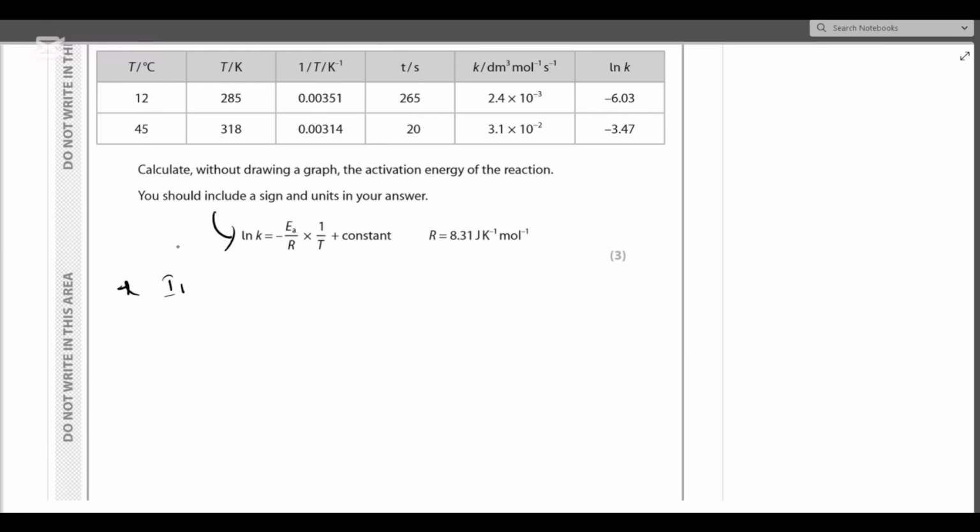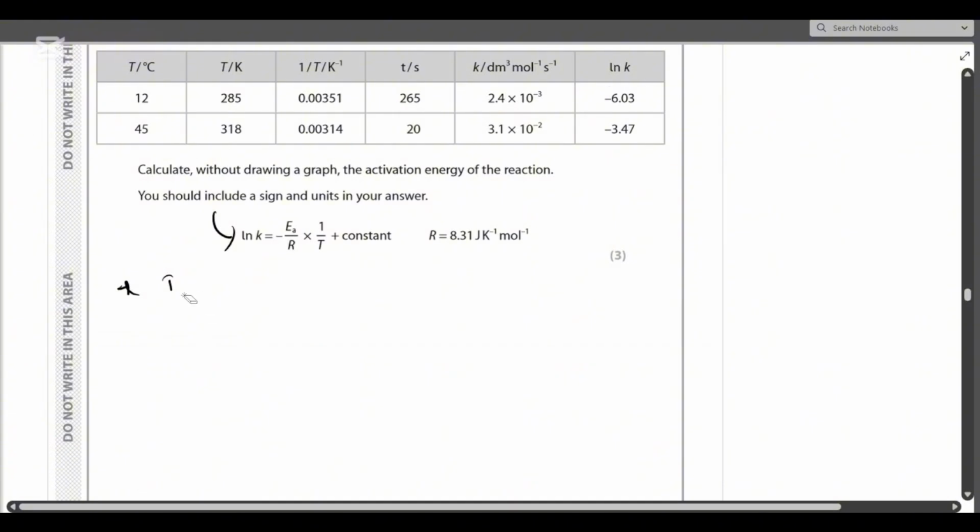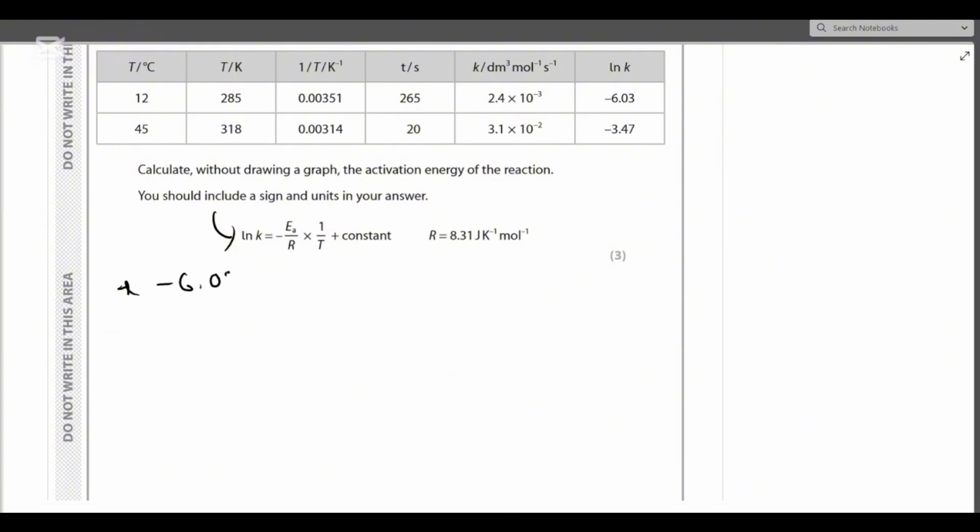The ln k value is provided, which is negative 6.03, equal to negative Ea divided by R, which is 8.31, so negative Ea over 8.31, times 1 by T. Now we know that 1 by T in the first value is 0.00351, and that is our first part, plus we have a constant right here.